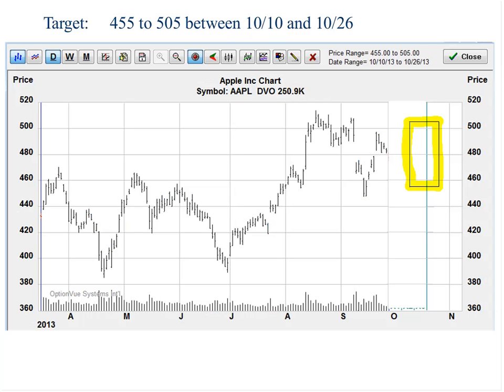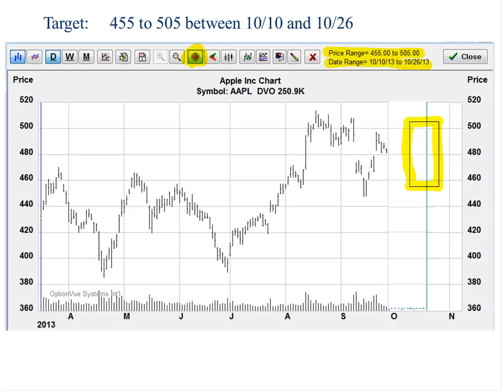And by the way, in OptionVue, you could grab this little target box, shape it, and drag it around as far out in the future as you want, as tall or as slender as you want, and position it anywhere. As you do that, the price range will change and the date range will change.